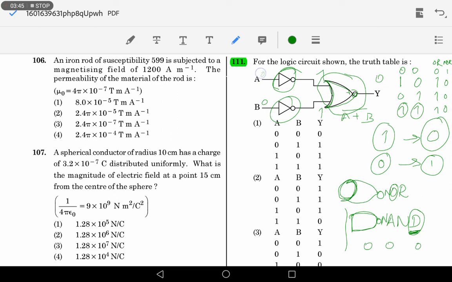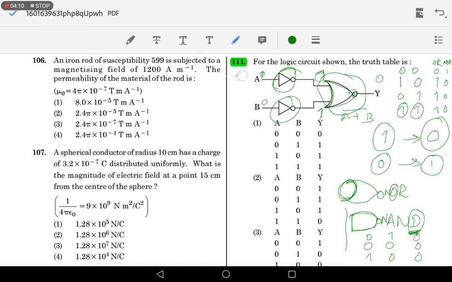Suppose A is 1 and B is 0. The 1 after passing through the NOT gate is going to be 0, and the 0 after passing through the NOT gate is going to be 1. So 0 1 for the OR gate gives 1, but for the NOR gate it gives 0. Similarly 1 0 and 0 1 are different inputs, but give the same answer, 0.